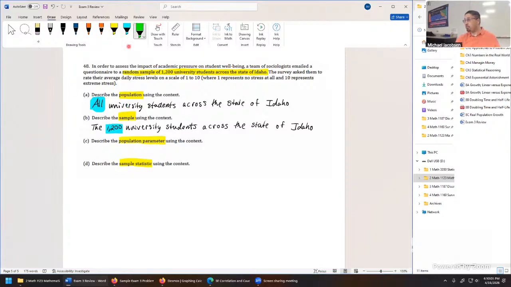Now to come up with both the parameter and the statistic, we're going to be using part A, using part B, but the question is now about what did the study actually measure? It was measuring the impact of stress, and how they did it was everyone in the sample was asked to rate their average daily stress level on a scale of 1 to 10.